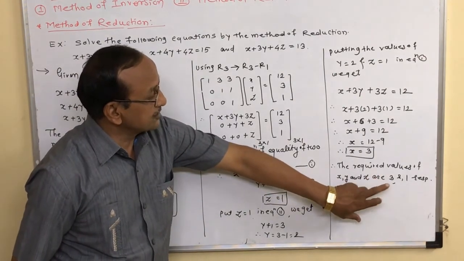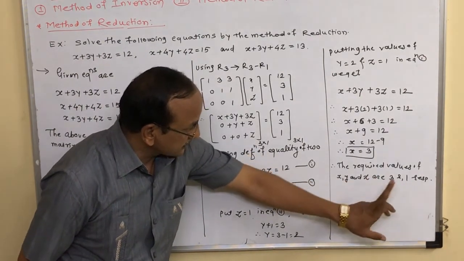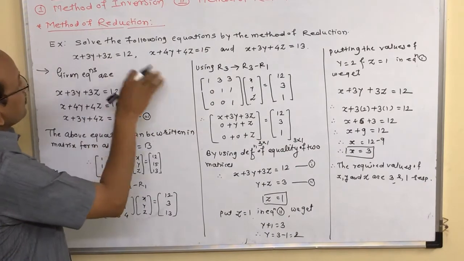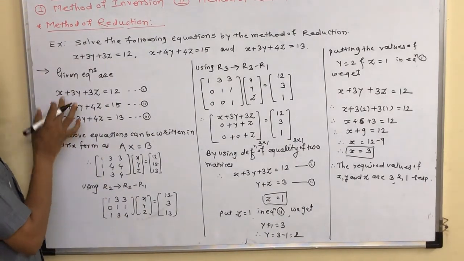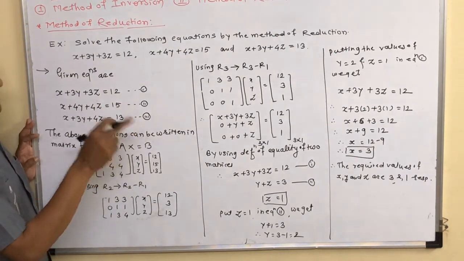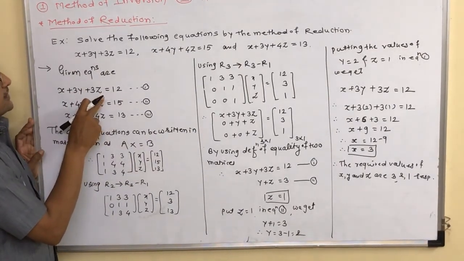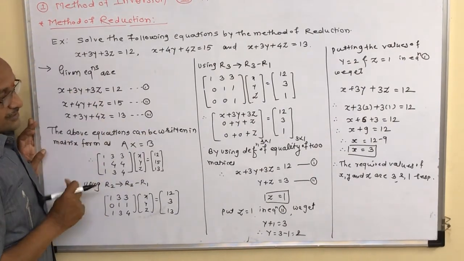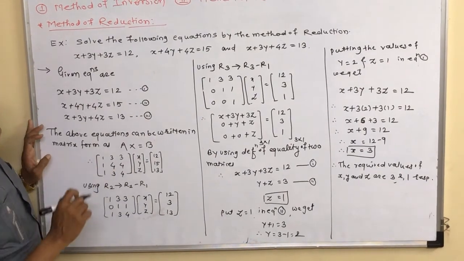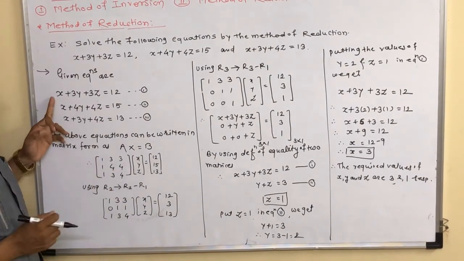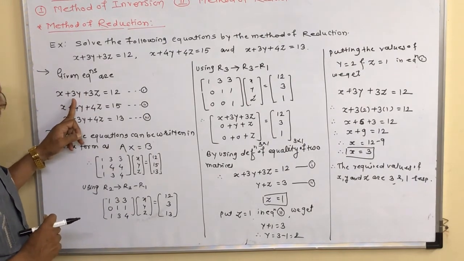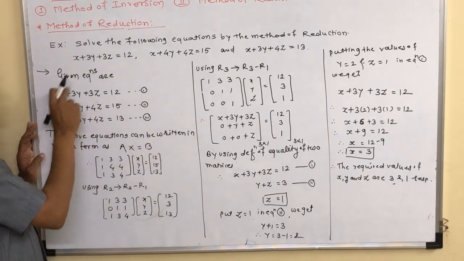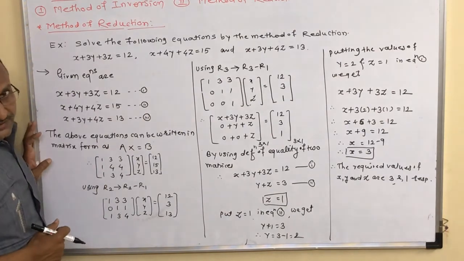We put these values, x is 3, y is 2 and z is 1, in any one of the equations. If the values satisfy the equation, then the answer is correct. If not, the answer will be wrong. Let us verify: if you put the values here, 3 plus 6 plus 3 is 12. So the values of x, y and z satisfy the equation, therefore your answer is correct.